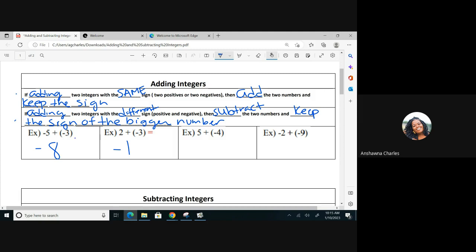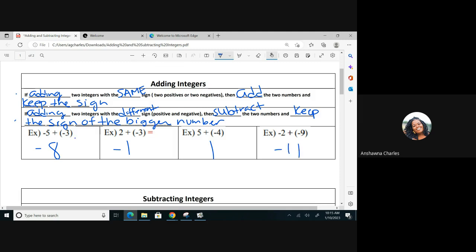My next one, is that example of the first one or the second one? Second one. Is my answer going to be positive or negative? Positive. What is my answer? +1. My last example, is that example the first one or the second one? The first one. Is my answer going to be positive or negative? Negative, and what will it be? Negative 11.